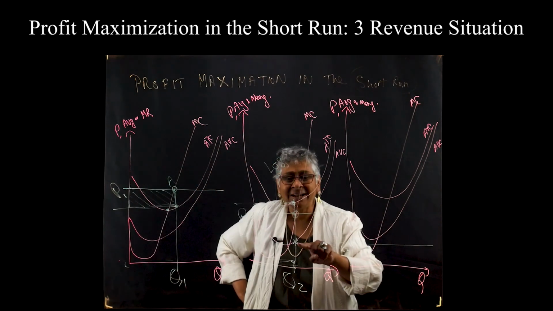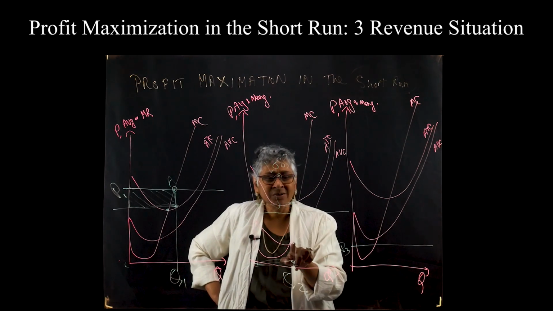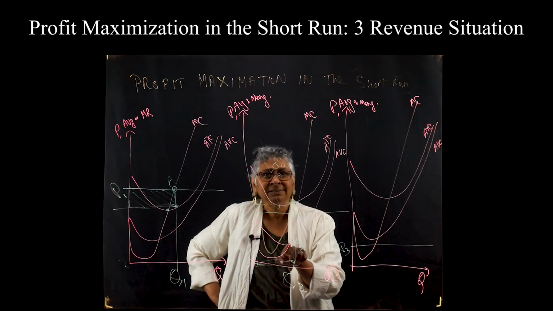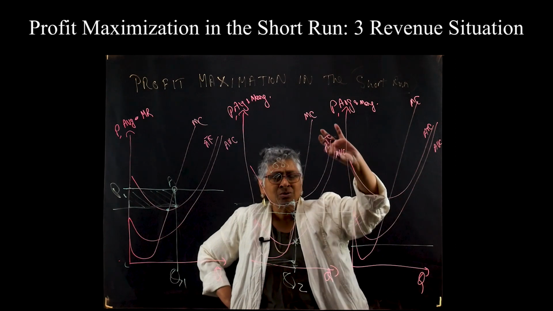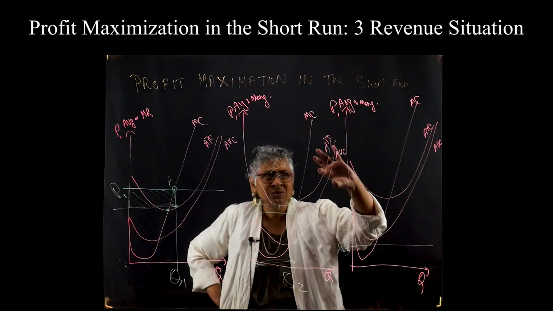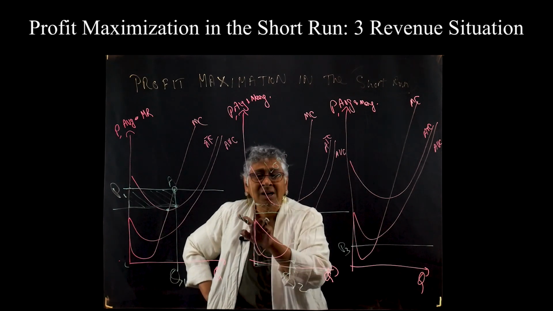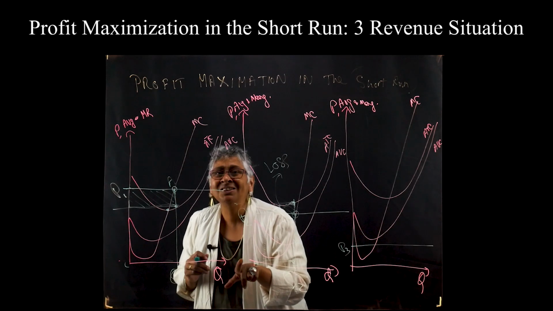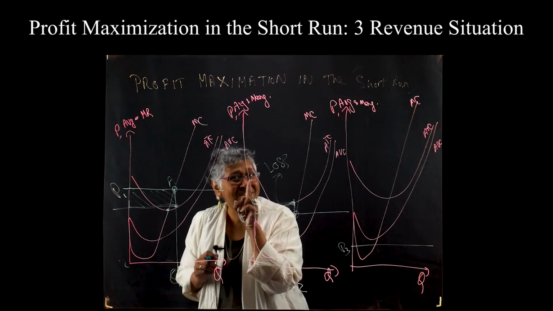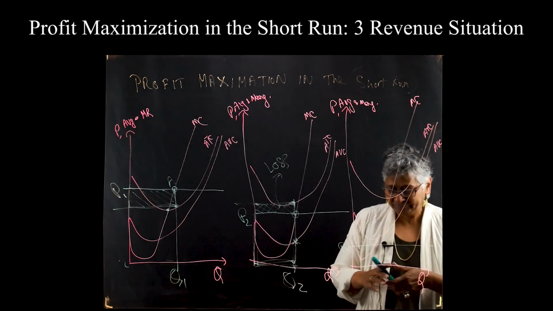So as long as I can cover a portion of my fixed costs, that is, as long as I'm above that bottom of the average variable cost curve, and I am operating in that zone which shows the fixed cost between average total cost and average variable cost, I will still produce even though I'm producing at a loss in the short run. But what if I'm in P3?